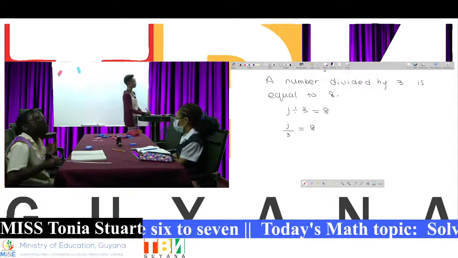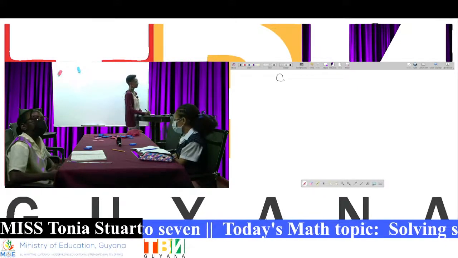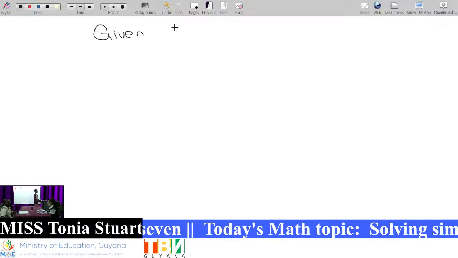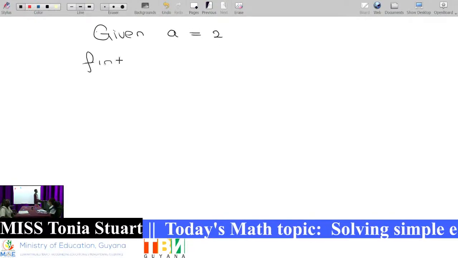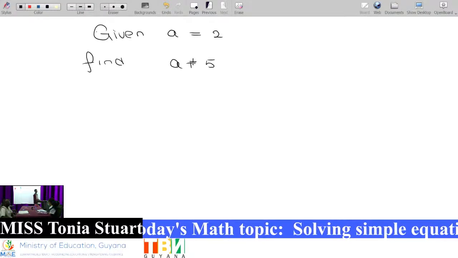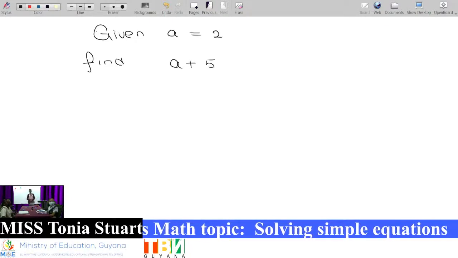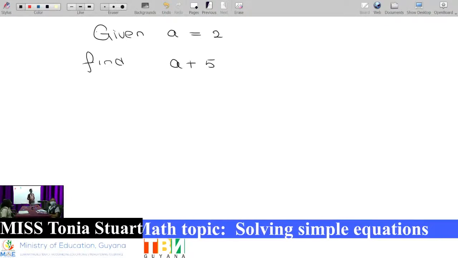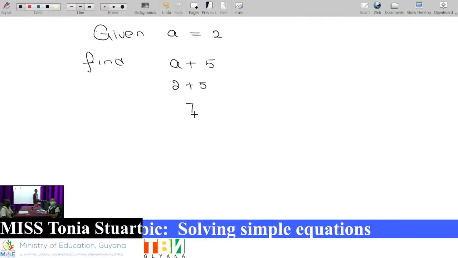For example, if given a equals 2, find a plus 5. We were replacing a with 2. So 2 plus 5, our result was 7.